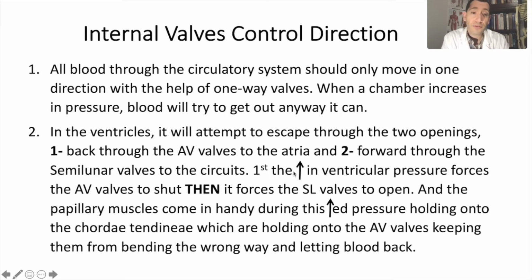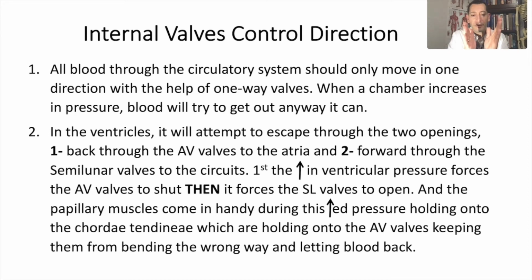So first, the increase in ventricular pressure forces the AV valves to shut. Then it forces the semilunar valves to open. Actually, the semilunar valves were closed momentarily. All the valves have to be closed for a moment, otherwise the ventricles couldn't increase in pressure. You can't increase in pressure unless the system is closed.